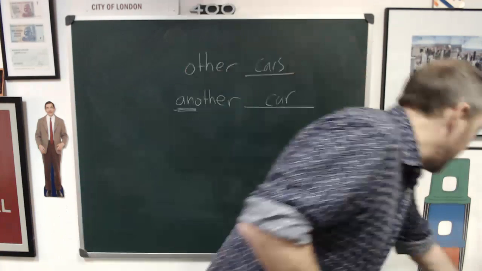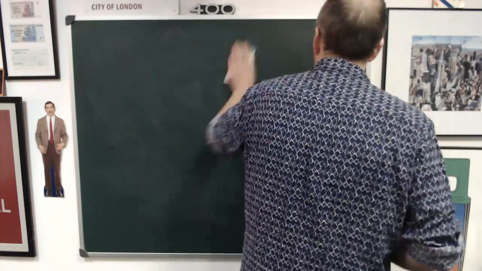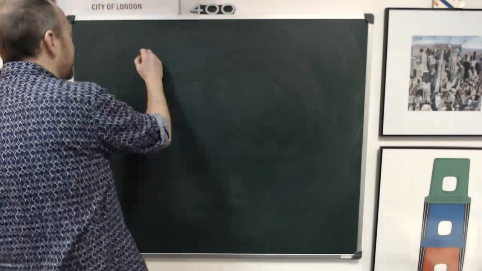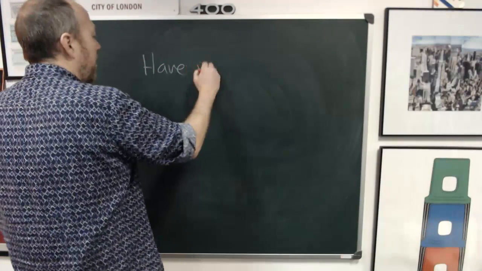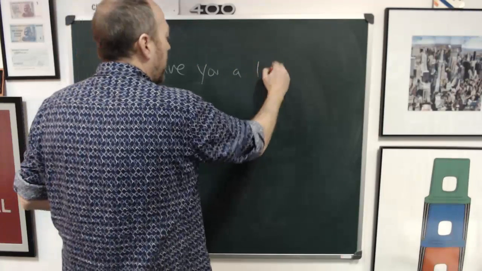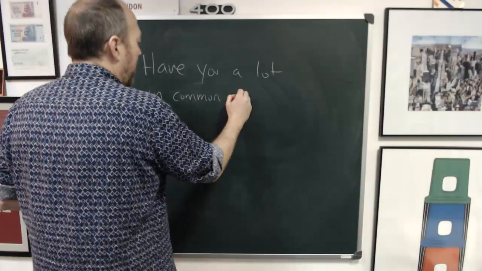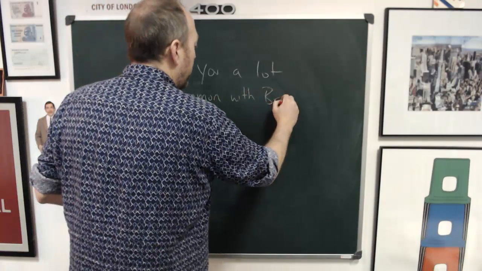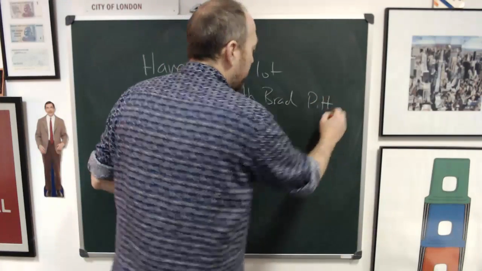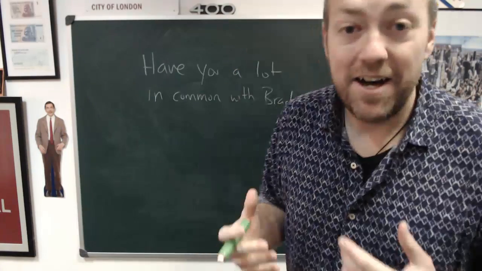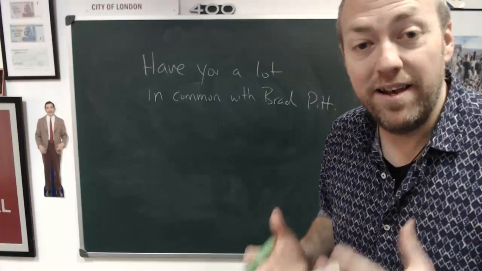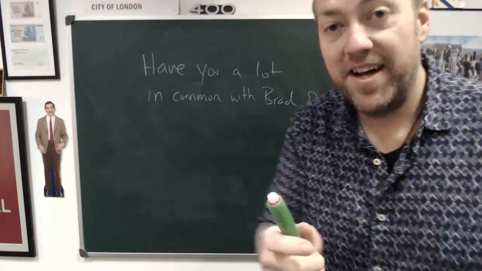Okay, another question about whether this sentence is correct or not. Have you a lot in common with Brad Pitt? Well, have you a lot in common with Brad Pitt?